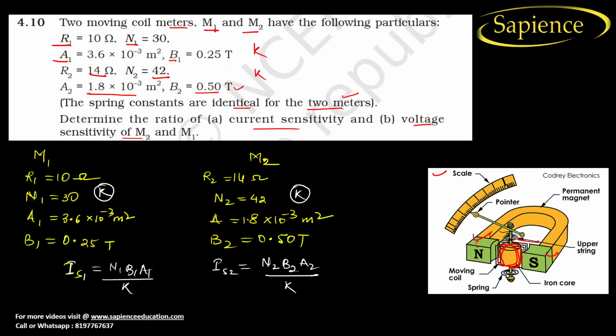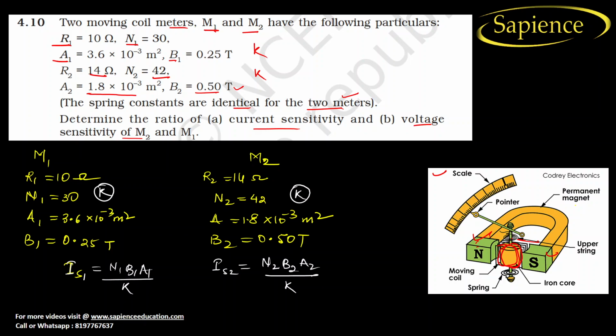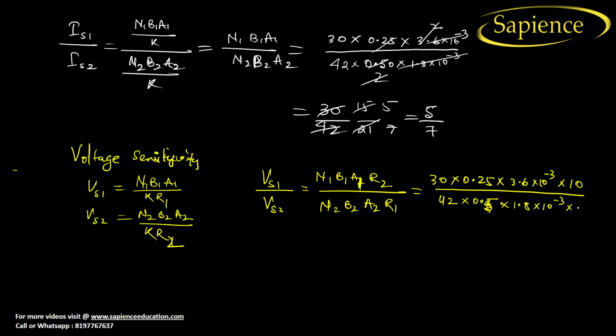R1 is 10, divided by N2, which is 42, into 0.5, into 1.8 into 10 to the power minus 3, into resistance. So the resistance they have provided you is 14, right?